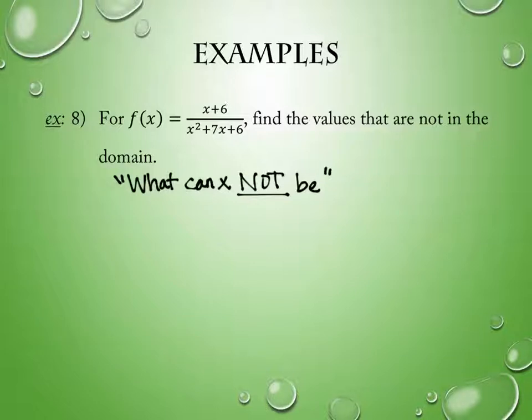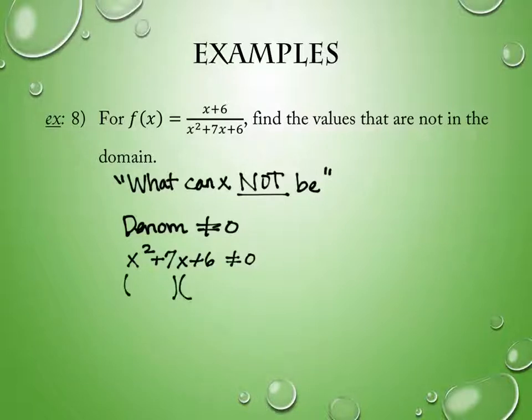What can the denominator not be? 0. Now, that doesn't mean x cannot be 0. It means the whole denominator cannot be 0. Right? We know that the denominator cannot equal 0. So we're going to figure out what values for x would in fact make the denominator equal to 0. So we have x squared plus 7x plus 6, and it's supposed to be not equal to 0.